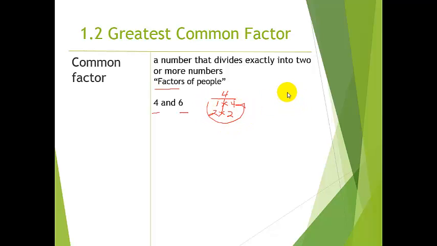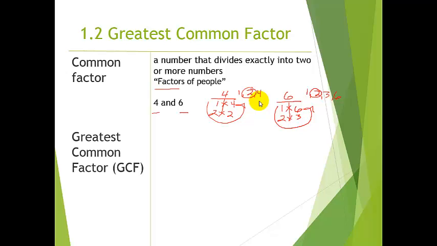And then for 6, we always put our freebie down, and then 2 times 3. And again, these are our factors. So if I was to write these out, 1, 2, and 4, 1, 2, 3, and 6, the only thing that's in common is the 2. So those are common factors, and it just so happens to be the greatest common factor.